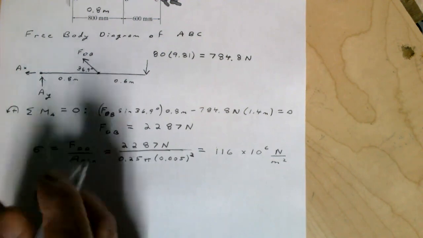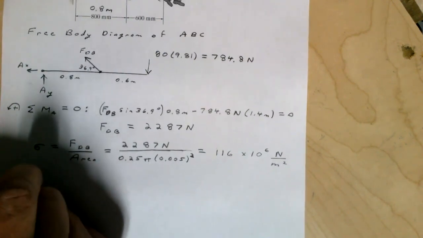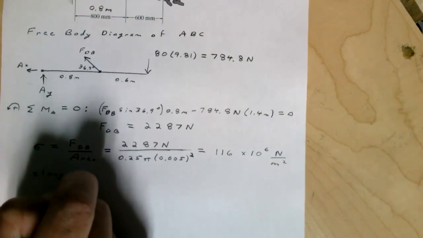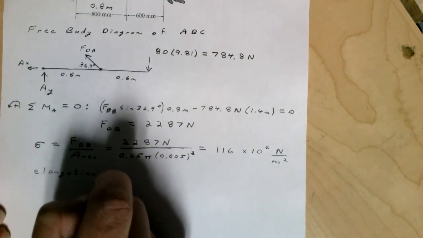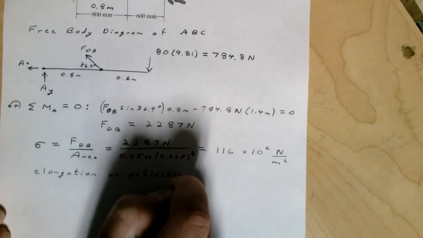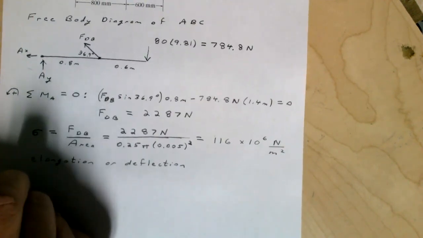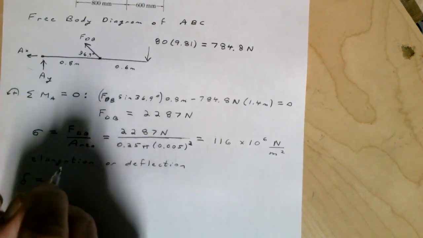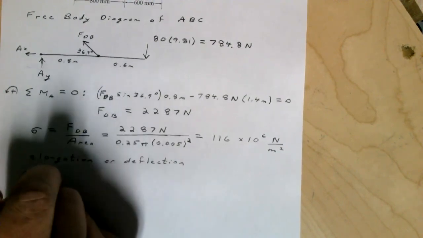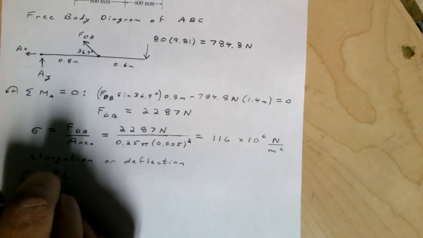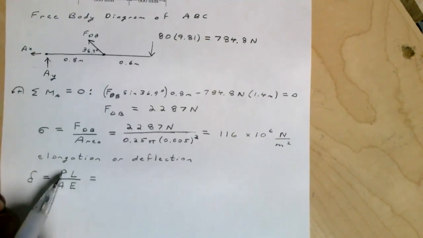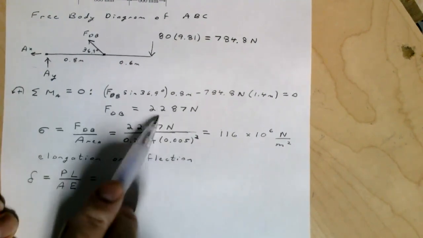Next we want to find the elongation, or deflection. Remember that equation is delta equals the force, sometimes called P, and I'll call it P in this case, PL over AE. P is going to be the force in the wire, which was this up here.